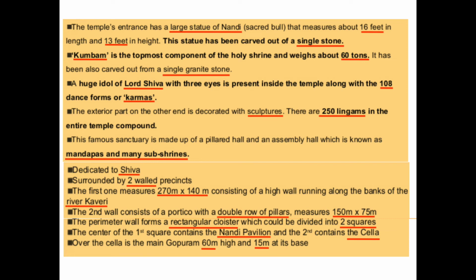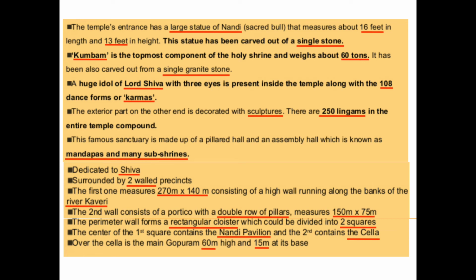The temple entrance has the largest shadow of Nandi Mandapam, 16 feet in length and 13 feet in height. And this statue has been carved out of a single stone. The kumbham is the topmost component of the holy shrine and weighs about 60 tons.